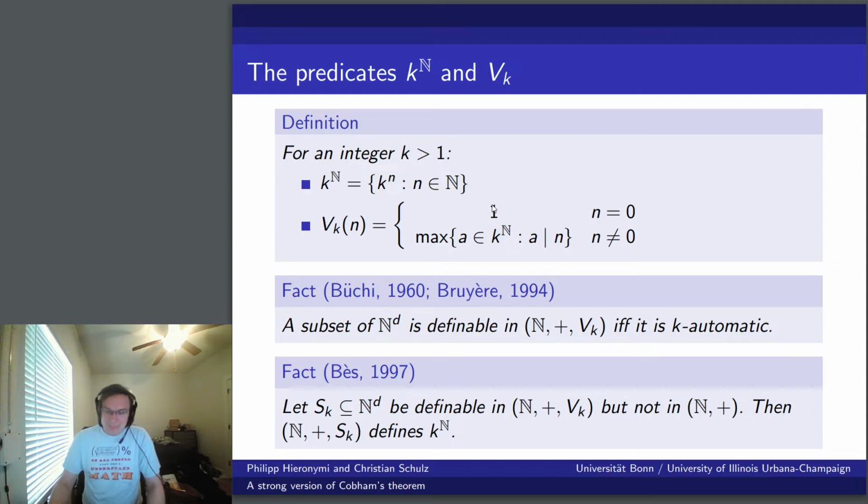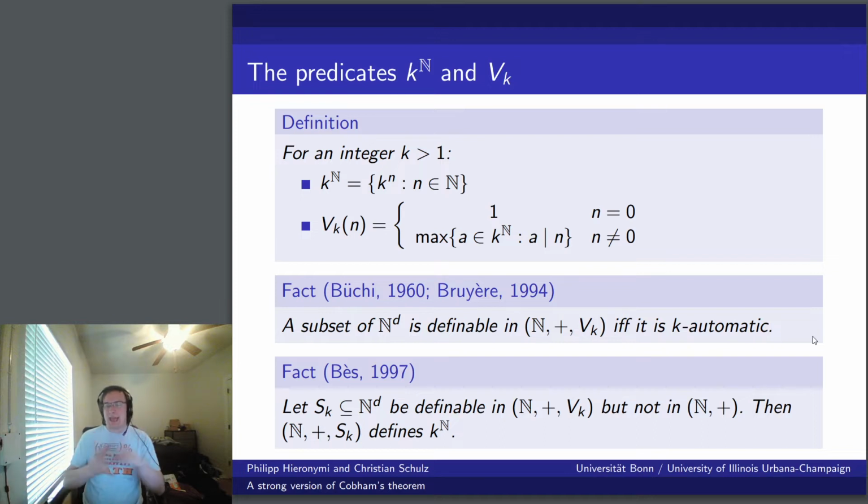And then, what Büchi proved in 1960, although his proof was slightly flawed, and I believe it wasn't until Bruyère et al. in 1994 that it was formally patched: a subset of some power of the natural numbers is definable from addition and v_k if and only if it is k-automatic. So you can look at this a couple different ways.